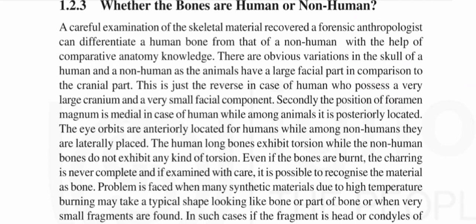Even if the bones are burned, the charring is never complete, and if examined with care, it is possible to recognize the material as bone. Problem is faced when many synthetic materials, due to high temperature burning, may take a typical shape looking like bone or part of bone, or when very small fragments are found.